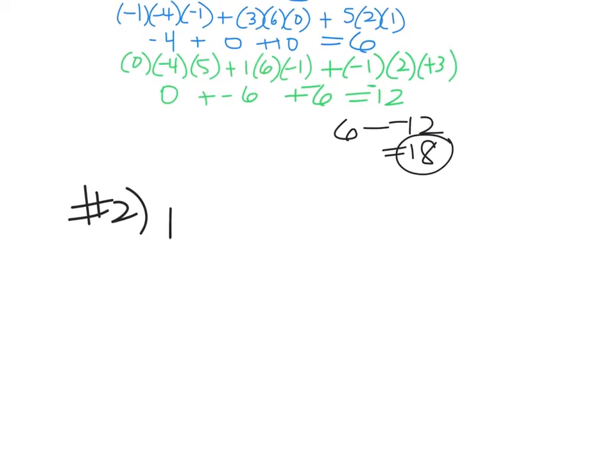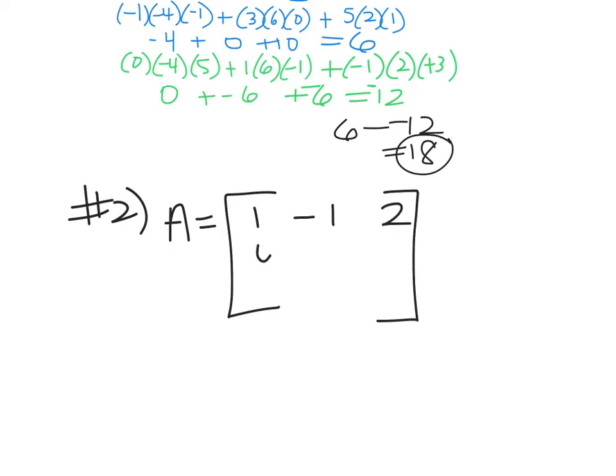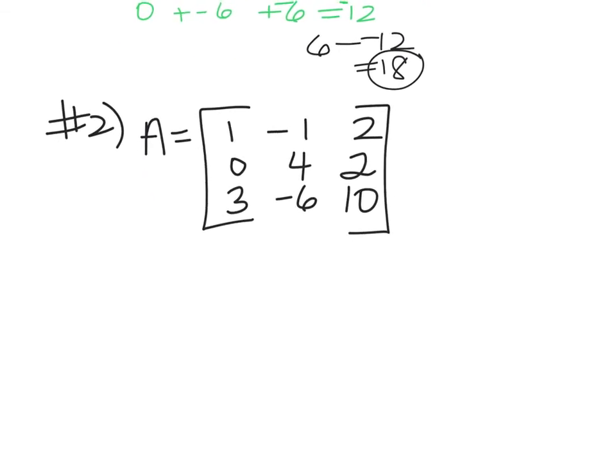Let me go ahead and tell you that matrix A is 1, -1, 2, 0, 4, 2, 3, -6, 10. Okay. Now we're going to do two things. We're going to find the determinant of A, and we're going to find A inverse if it exists. Okay? A inverse, the inverse of a 3 by 3, you will never do by hand.